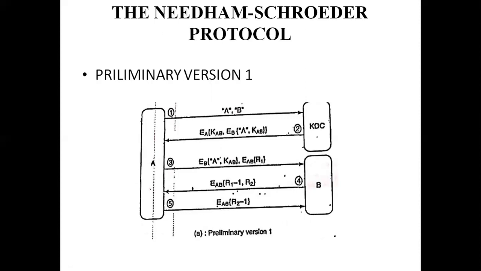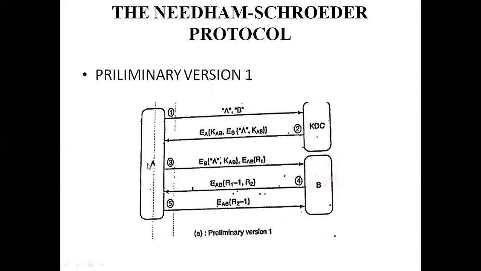In preliminary version 1, in message 1, A sends its identity to B, so the identity of A and B will be sent. In message 2, in response, the KDC encloses the ticket, that is EB of A comma the session key K of AB.